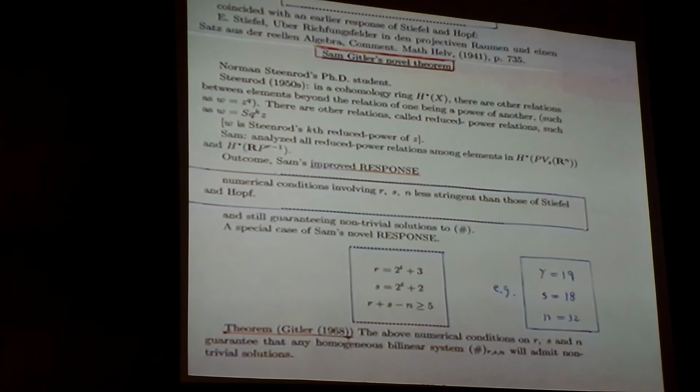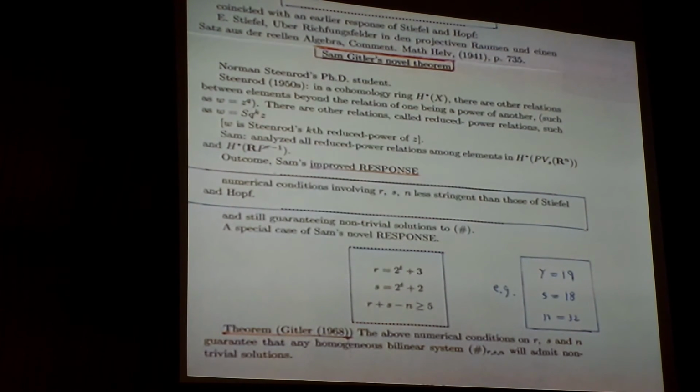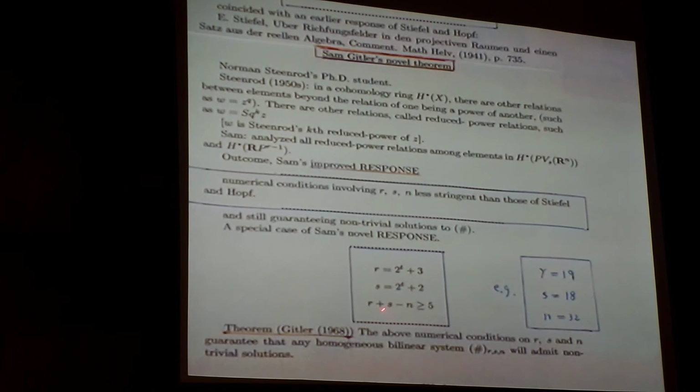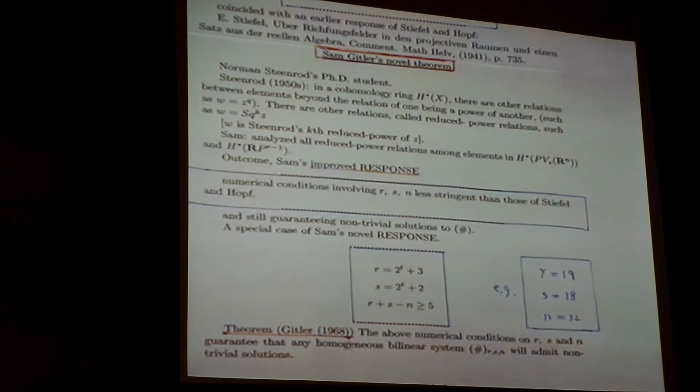If I have a system of homogeneous bilinear equations, altogether n of them, and if the number of x variables is 2 to some power plus 3, the number of y variables is 2 to the same power plus 2, and I have this numerical inequality, then I guarantee you, I don't care what the coefficients are in that system.